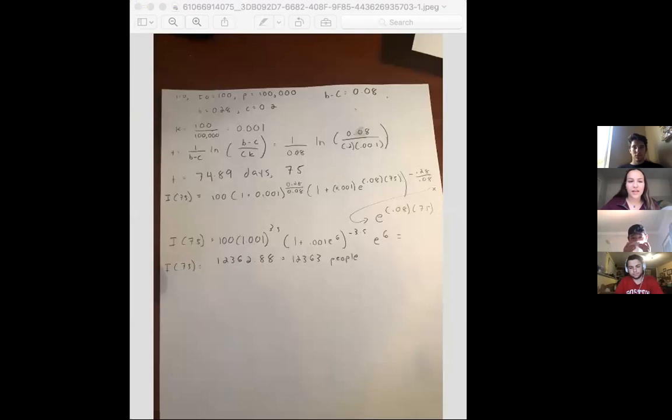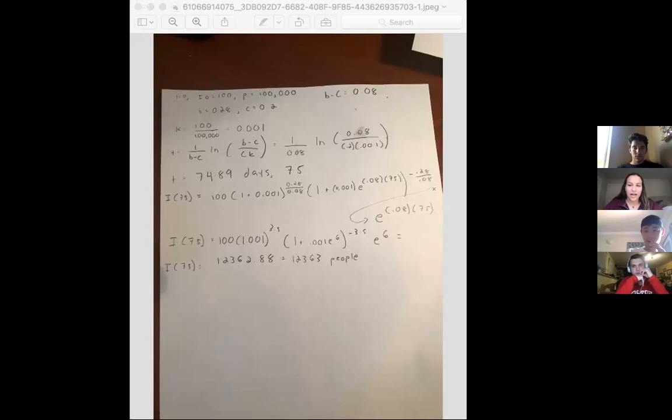Okay, now for the second problem, we're working with a population of 100,000. B is 0.28 and C is 0.2, which are the rates of infection and the rates of recovery. So basically, if you use the formula from the last equation, b minus c is just 0.08.